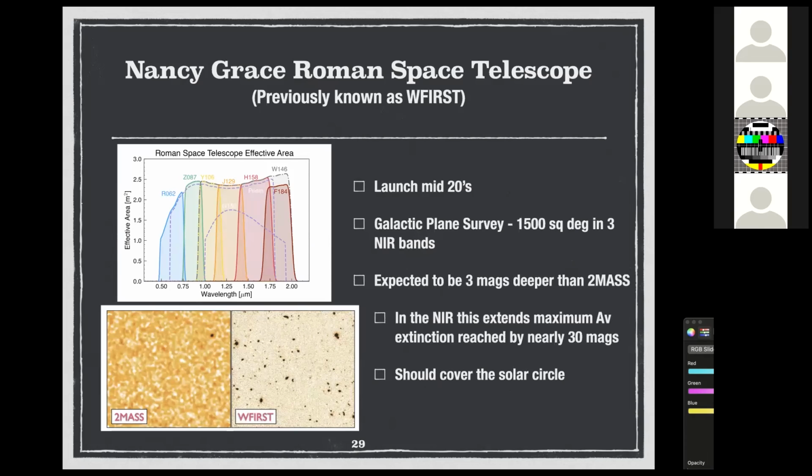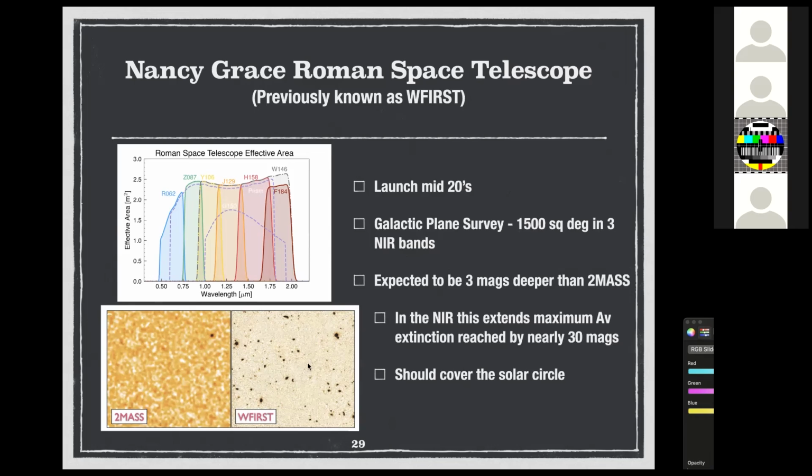And the last one I want to talk about quickly is the Nancy Grace Roman Space Telescope, which was previously known as WFIRST. Likewise, launched sometime this decade. There is an idea to do a galactic plane survey, which would be like GLIMPSE with Spitzer, plus or minus 2 degrees in latitude, and the full 360 of the galactic plane. It should be 3 magnitudes deeper than 2MASS.